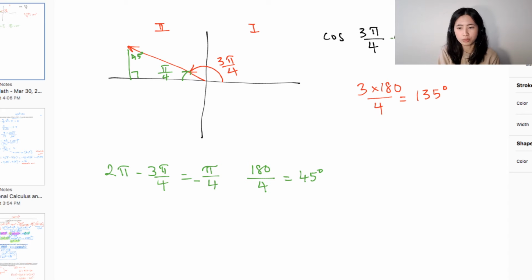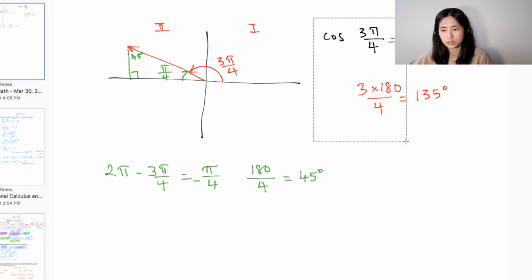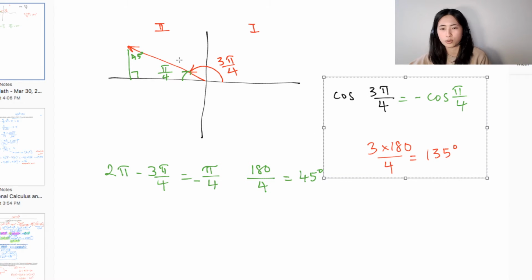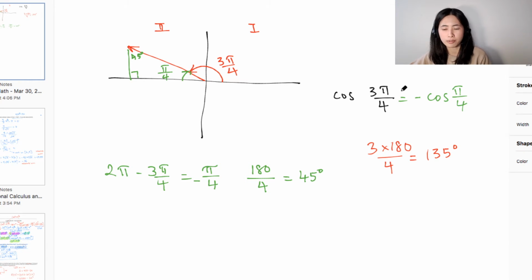Because we know that the related acute angle is pi over 4, we have that negative sign and we have cosine pi over 4. Let me try to move this down so you guys can see that. Okay, great. Can you guys see that? So I'm saying that cosine 3 pi over 4 is the exact same value as the negative of cosine pi over 4, because pi over 4 is your related acute angle.